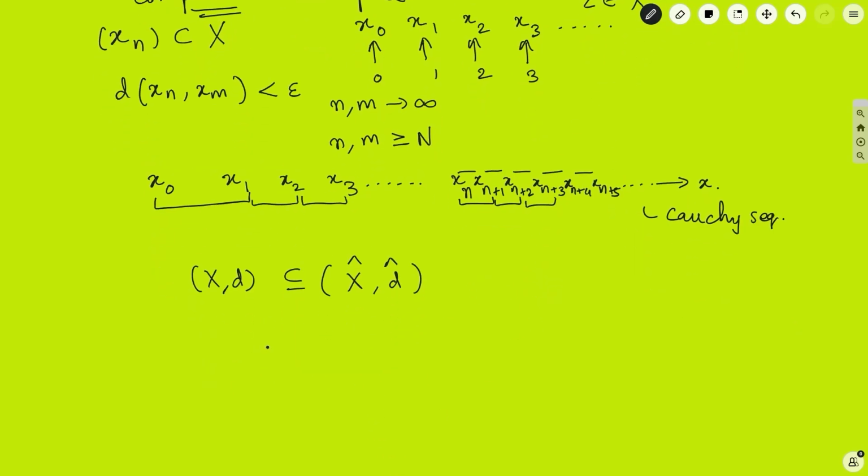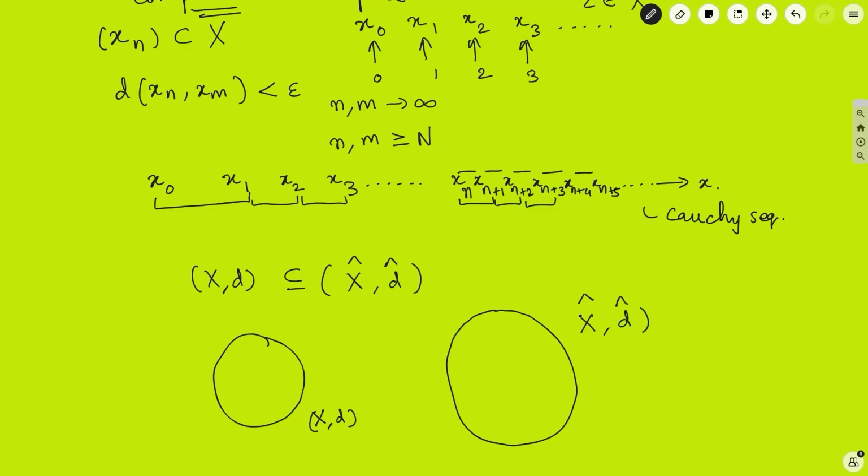It is as follows. So you have (X, d), and you have this another space, a bigger space, let's say like this. And what can happen is there is an image of this metric space inside this bigger space.